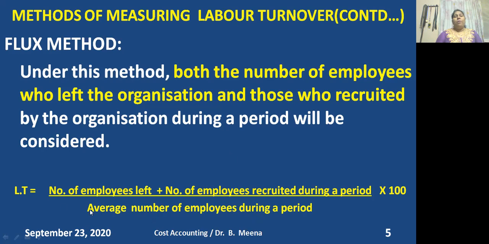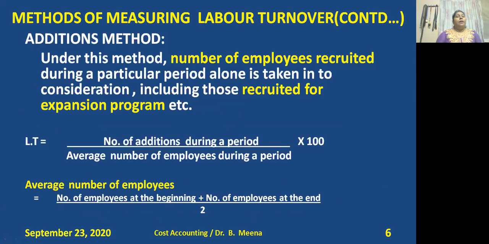So as usual, the formula is: the denominator is the average number of employees during a period, and the numerator is how many of them left plus how many of them were recruited during a period. Applying this formula multiplied by 100, I'll get the answer, the labor turnover under which method? Flux method. And the recent method is the additions method.